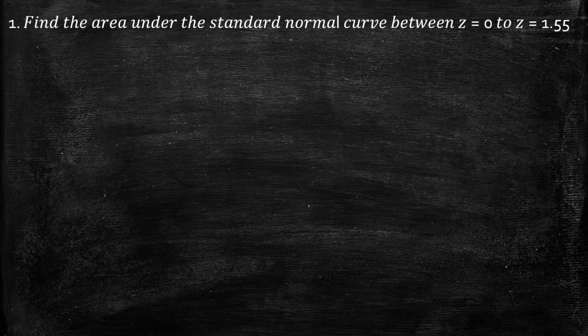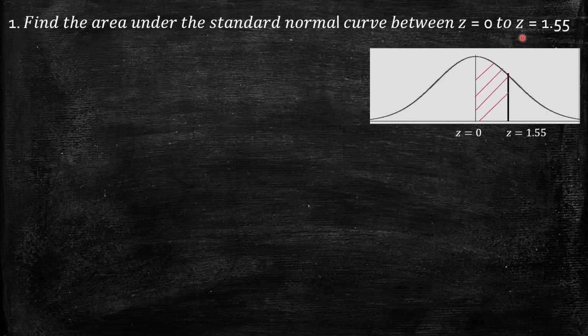Now before taking some standard types of problems, let me take simple problems so that we can understand the concept clearly. The first one: find the area under the standard normal curve between z equal to 0 to z equal to 1.55. If you want to use the standard normal table, that gives A of 1.55.